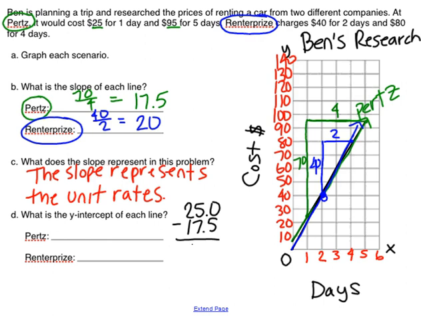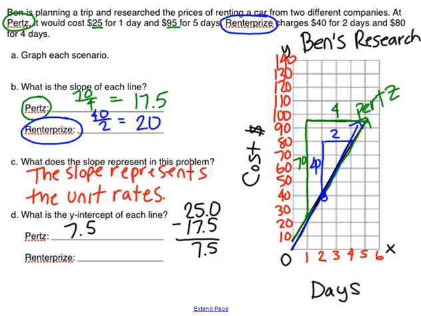So when we subtract, we get 7.5. And looking at the graph, that actually fits, because we're looking right here at these points. So you've got a line that's a little bit above where your origin is.